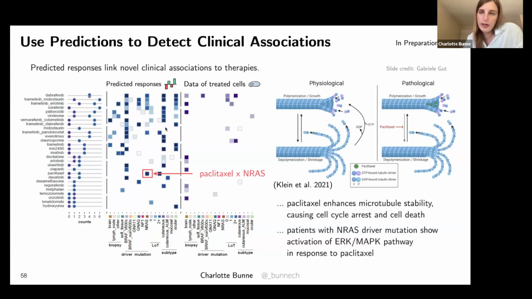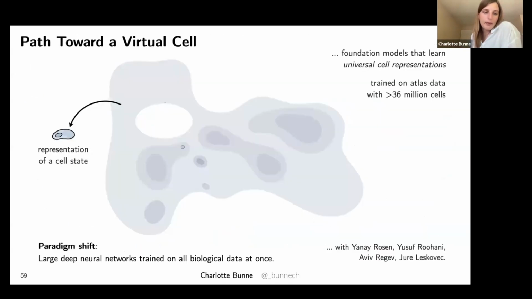And so what we are currently doing, this is a manuscript in its final days of being written up, is analyzing all those clinical associations to see if there's something of interest for this particular type of melanoma cohort.